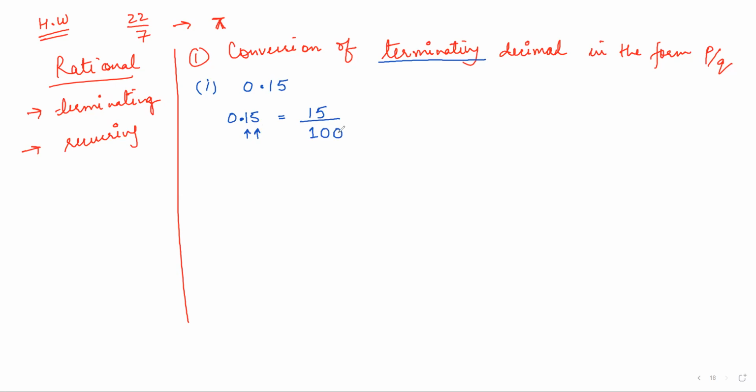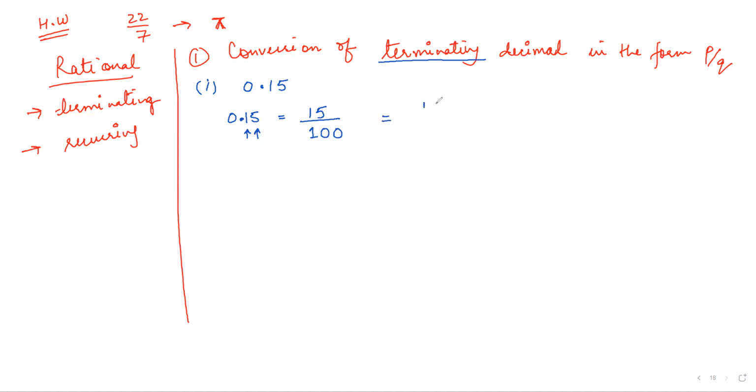So simple. Now I have converted my decimal in the form of P by Q. But I can reduce it to the simplest form, right? Because you can see both are divisible by 5. 5 into 3 is 15, so 3 by 20. Stepwise we write it like this: after removing the decimal I got this.